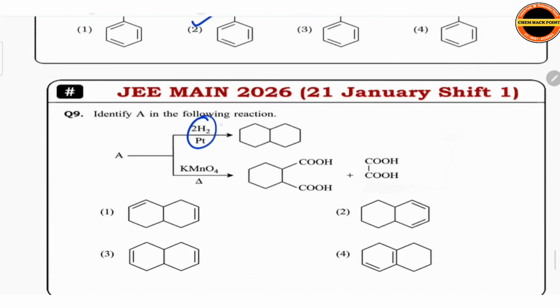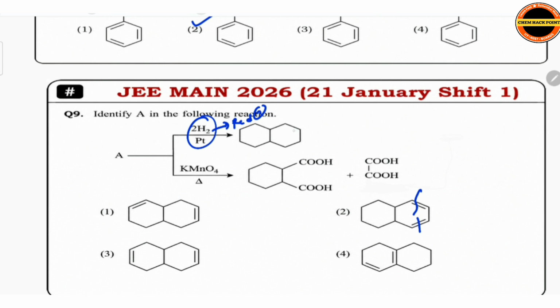JEE Main 2026, this year's question. We know this is oxidation and reduction, and it is a reducing agent. We will see this in detail in an upcoming chapter, but you studied it in 11th also. Hydrogen with platinum, reduction occurs. With hot KMnO4, what happens? If there is any double bond, or any CH, a carbon with alpha hydrogen, it converts into COOH. What should be the A here? First of all, if you break here, these two convert into COOH.